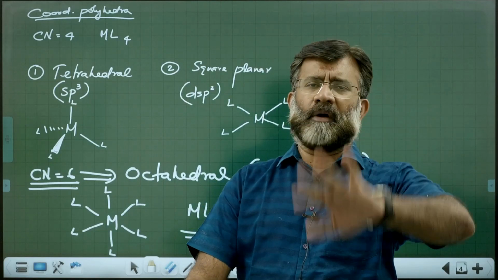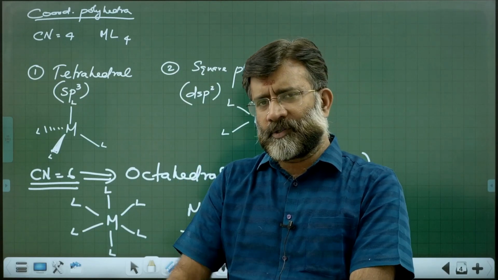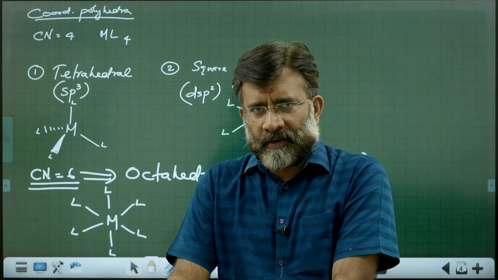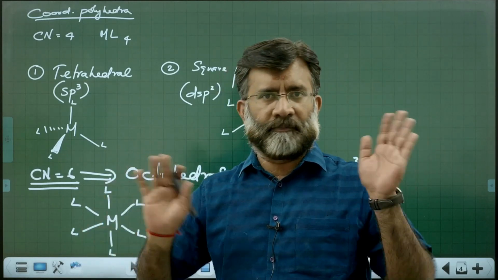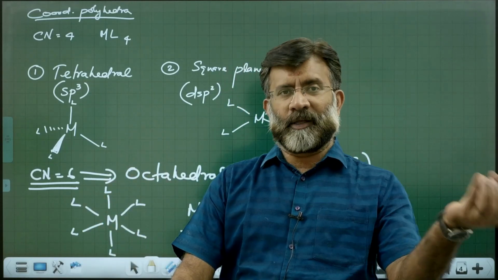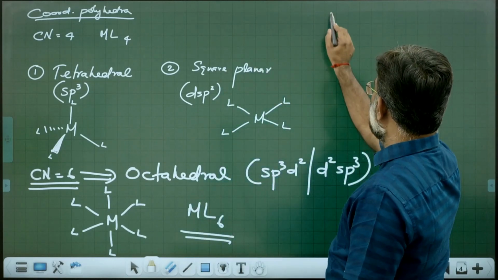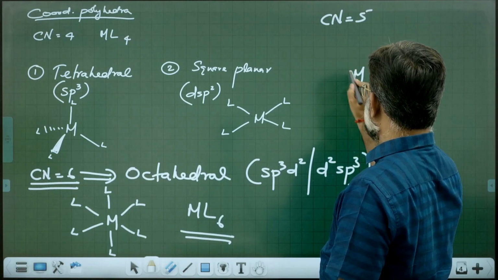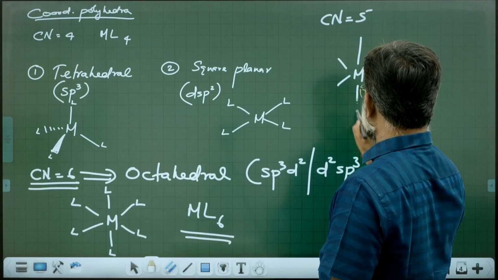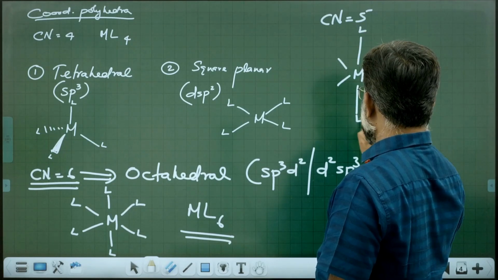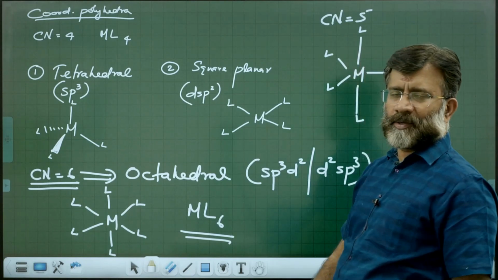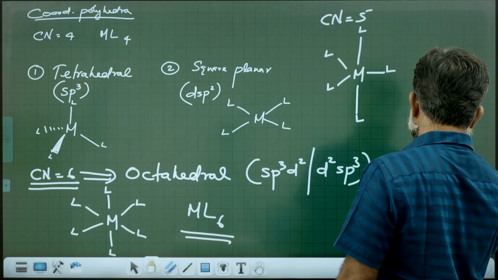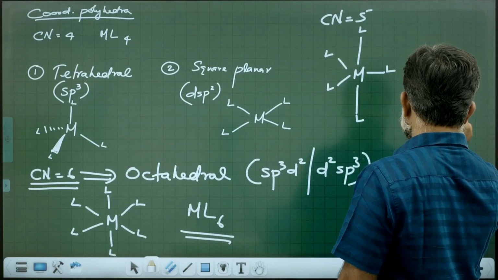Most of the famous complex molecules are either tetrahedral, square planar, or octahedral geometry, which we mainly encounter in this chapter. Of course, there are a few others also commonly observed. That is coordination number 5, trigonal bipyramidal geometry. It can also be square pyramidal geometry.